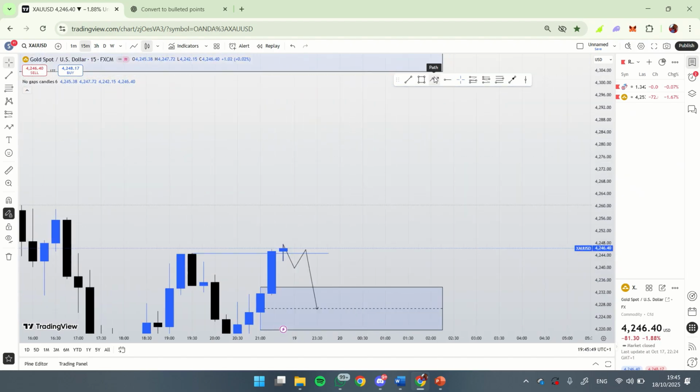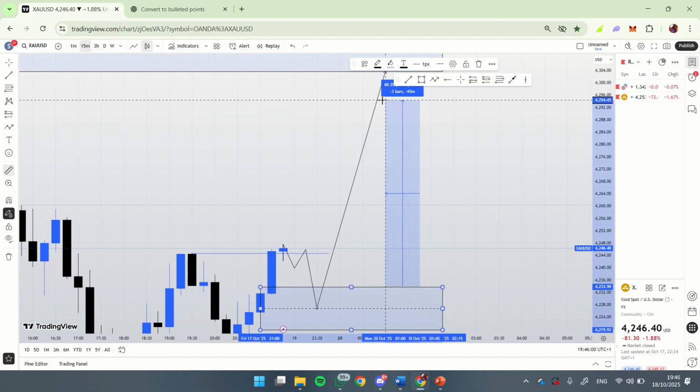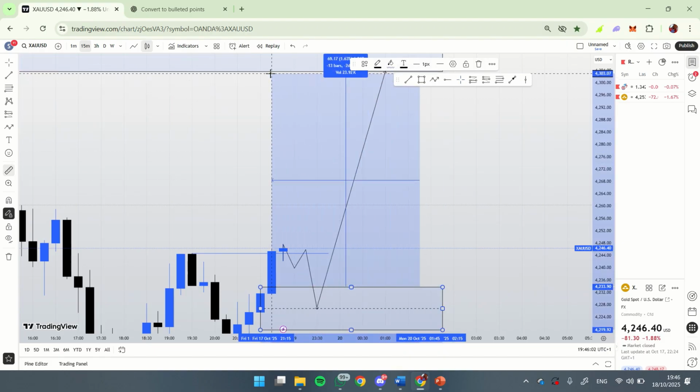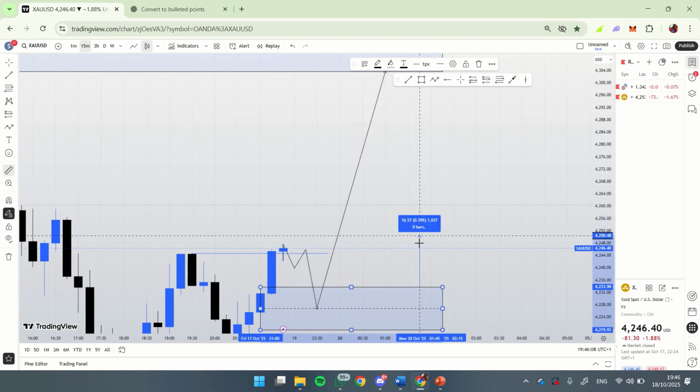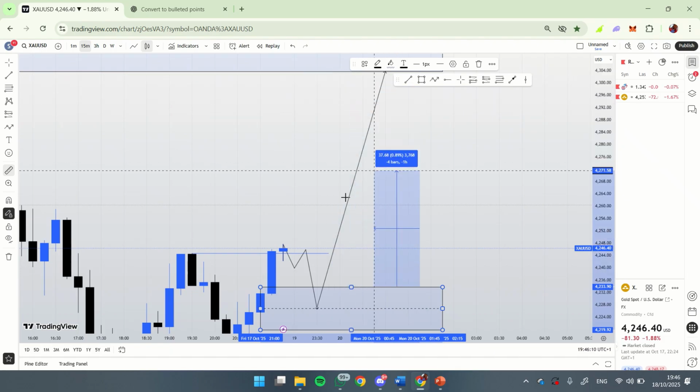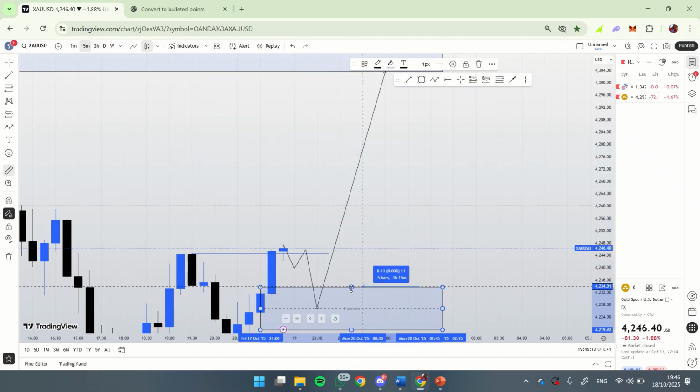And should it hold, where I will be targeting is from here to here, right? So let's just say I got an entry here, and how many pips on gold? This is 698 pips on gold. If you can catch from here to this place, depends on your risk to reward.